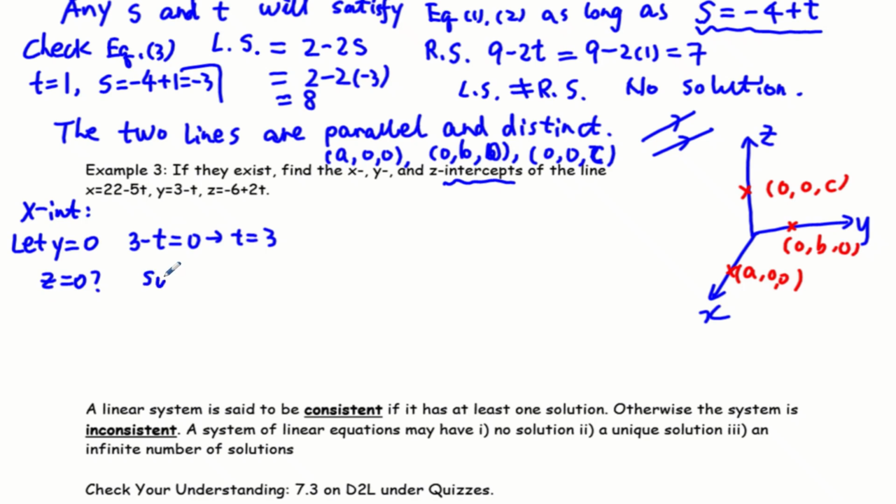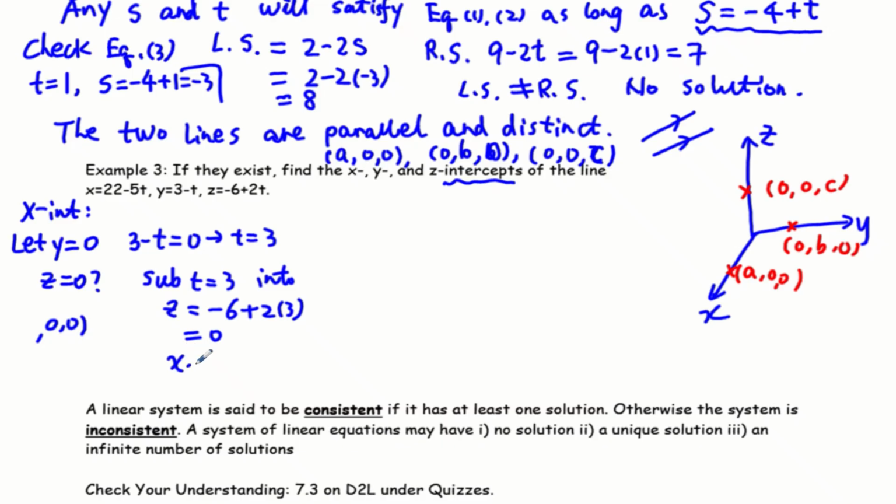Then we sub t equals 3 into the z equation. So negative 6 plus 2 times 3 gives us 0. Then it means we do have y and z coordinates 0. Then we just need to find x.